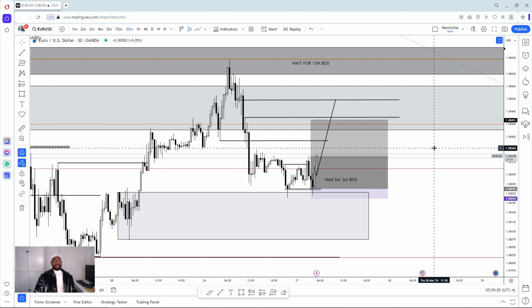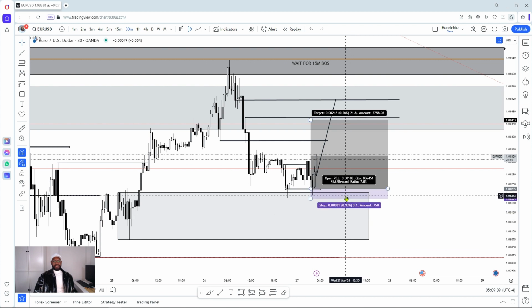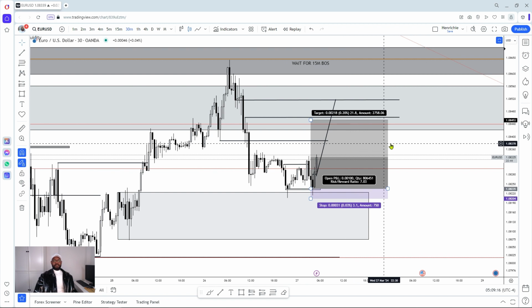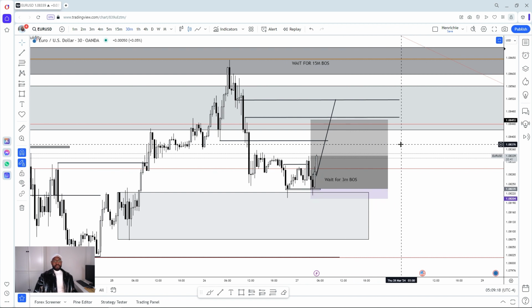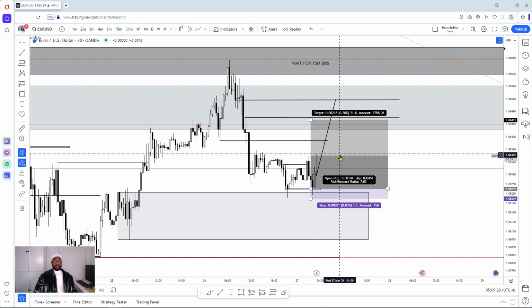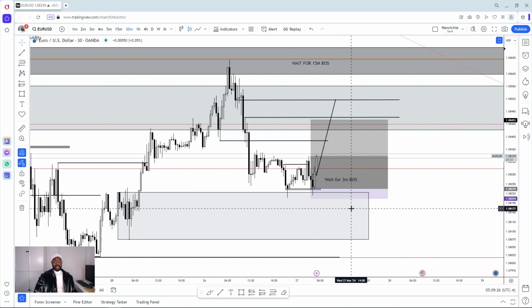So it's still kind of like you're breaking even, because if the market reverses and takes you out, you're not going to take a loss, because the 50% of the 1:3 that you've taken is literally taken. So let's say you risk 1% and price goes into a 1:3 profit, and you took 1.5%, which is 50% of 3% profit. If price reverses and takes you out, you're going to lose 1%.